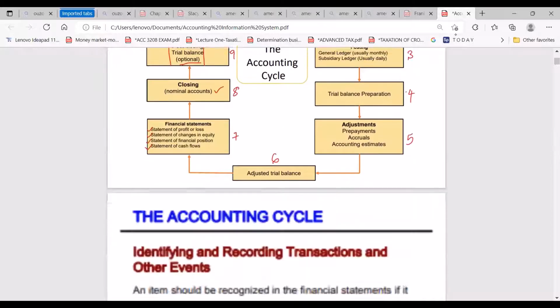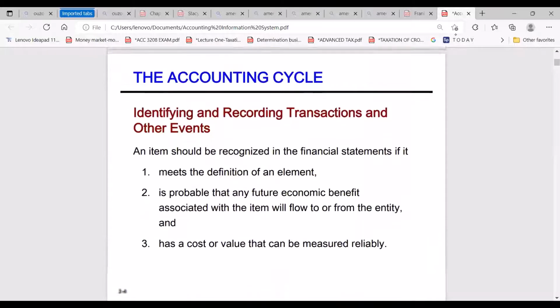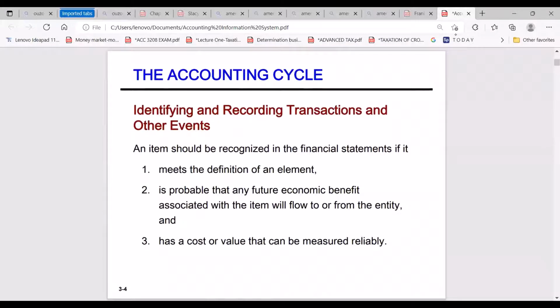Let us start with the first step, which is identifying and recording transactions and other events. For an item to be recognized in the financial statements, the item must have some features which qualify it to be a transaction for purposes of recording in the books of accounts. The first one is that it must meet the definition of an element of financial statements.